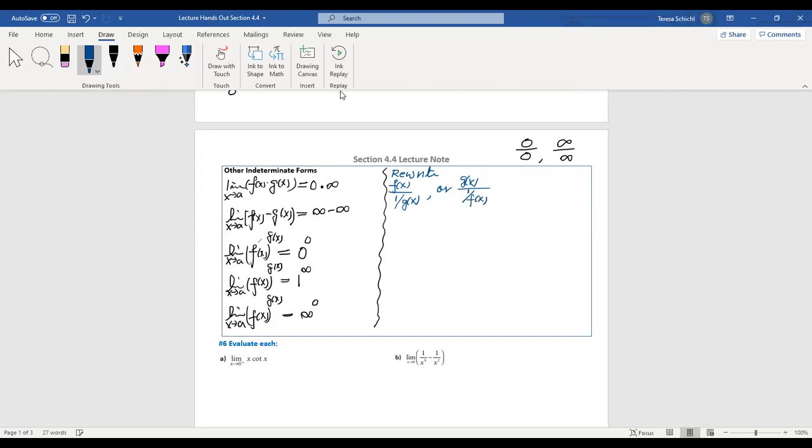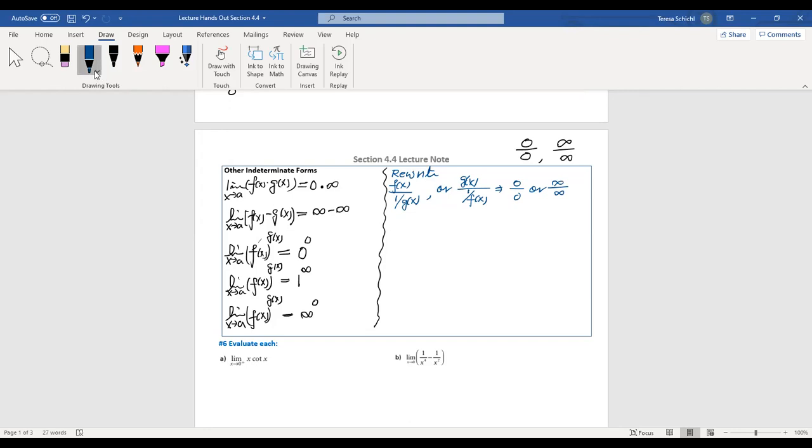Basically you change this to 0 over 0 or infinity over infinity, and then you can apply the classical L'Hopital's rule: take the derivative of the numerator and the derivative of the denominator, and then apply the limit again.